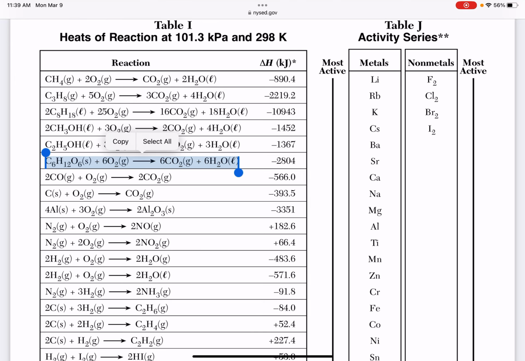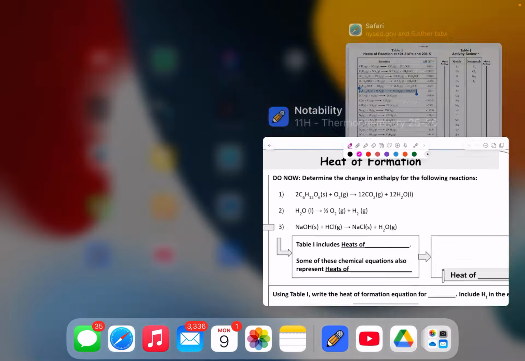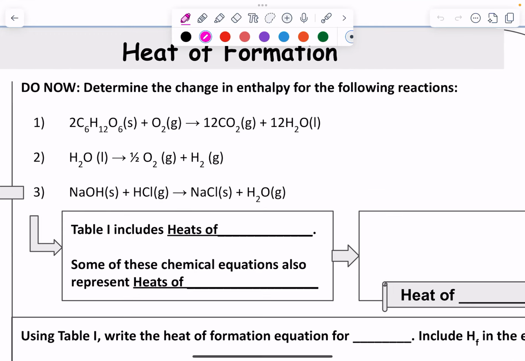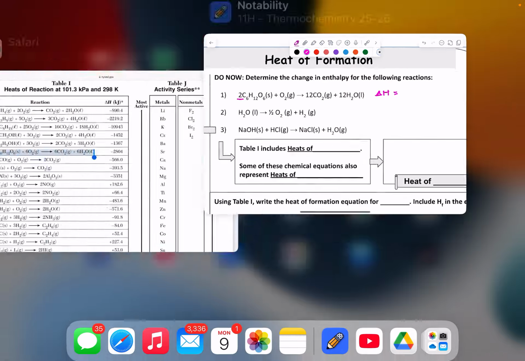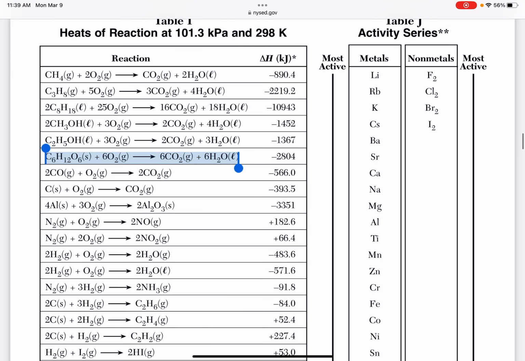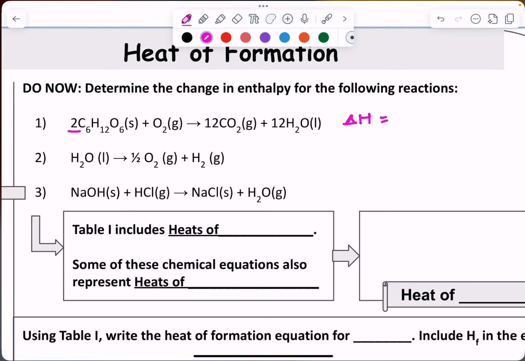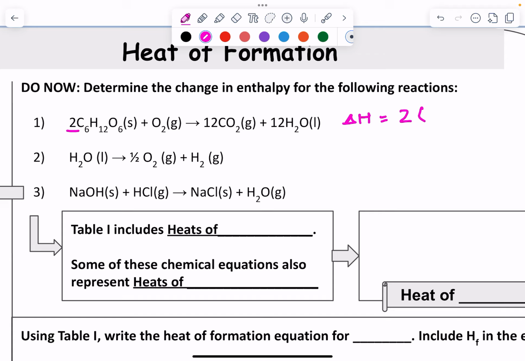This is only for 1 mole of glucose. However, the equation that is given to us in the do now has 2 moles of glucose. So all that we have to do is multiply whatever delta H value we have, which is negative 2,804, by 2.